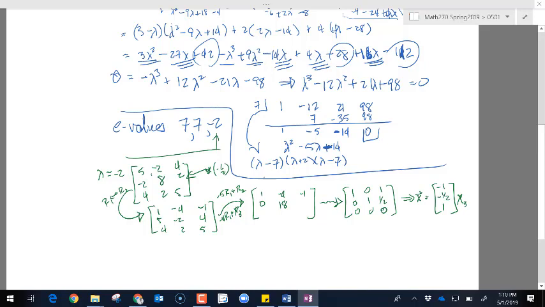And so we could scale that to something that would be nicer to deal with. So maybe V1 that corresponds to the eigenvalue of -2 is going to be, let's multiply it by 2. So -2, -1, and +2.